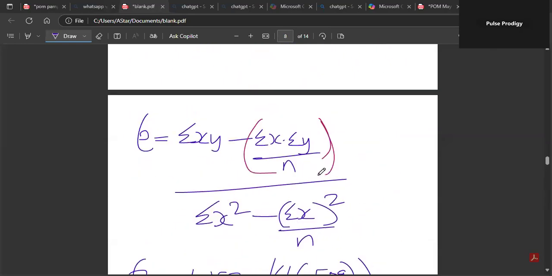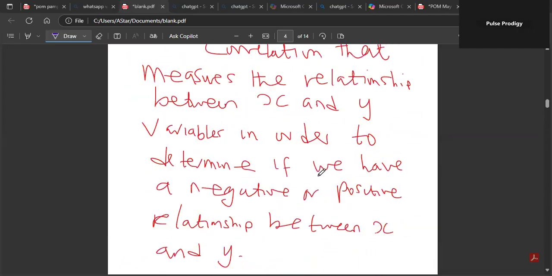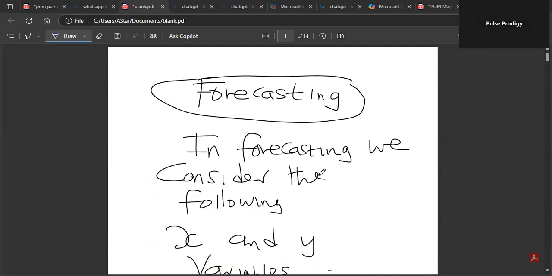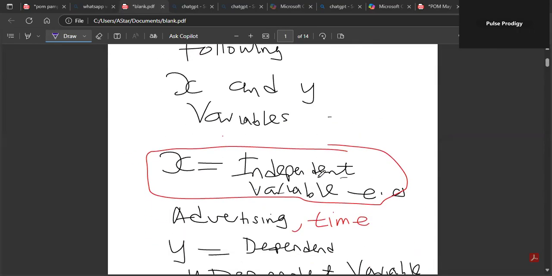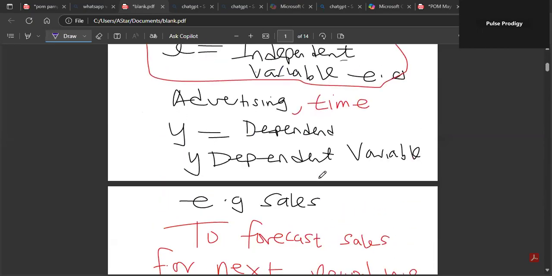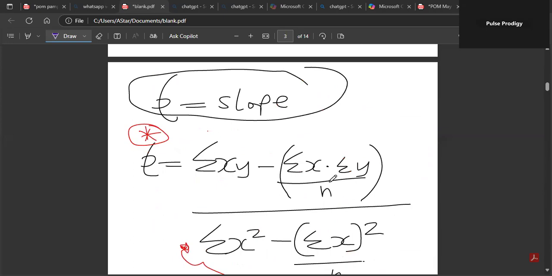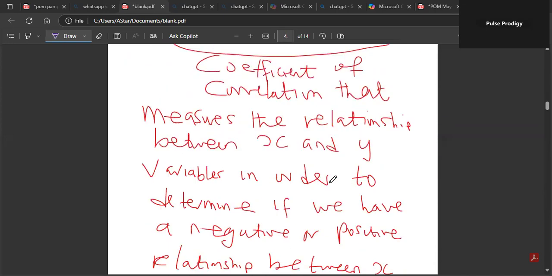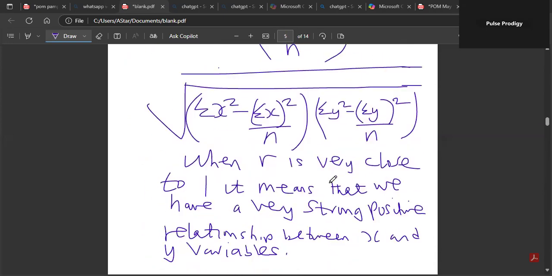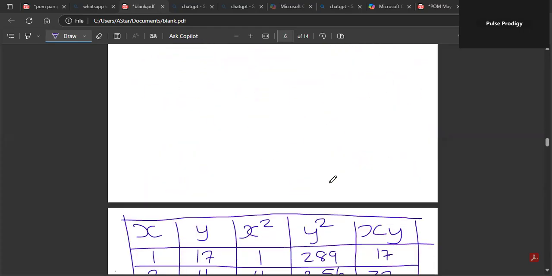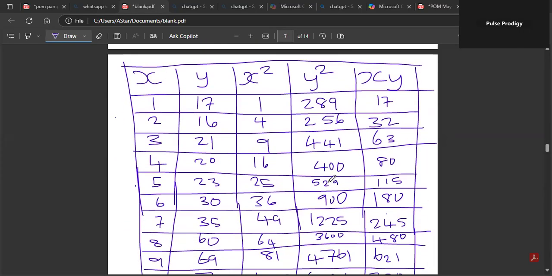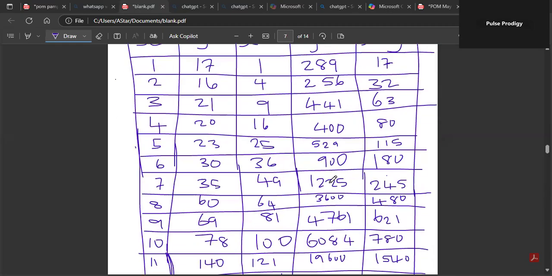For the regression and correlation analysis, for those who are just joining, this is a forecasting question. We looked at the slope and the intercept to get this table here.